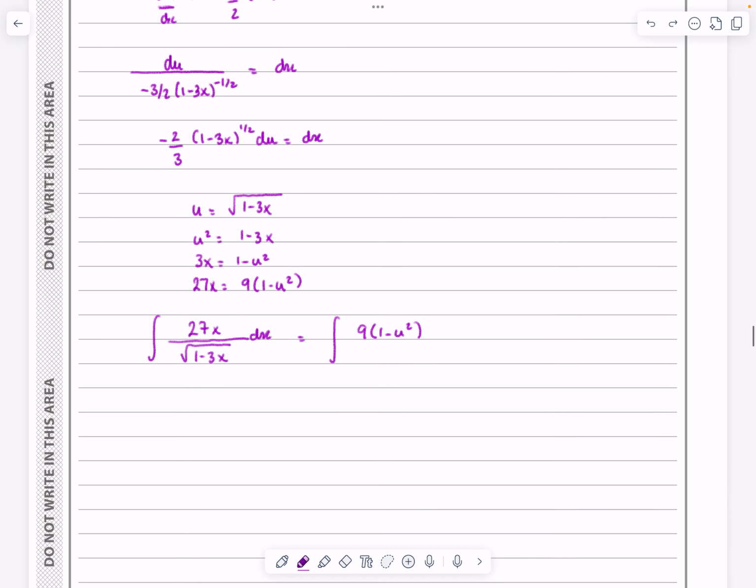So if I put the dx part in, I get minus 2/3 (1 minus 3x) to the half du. So I'm going to leave that part just as it is already and have that there as over the square root of 1 minus 3x, because then magically that and that are going to cancel each other out.